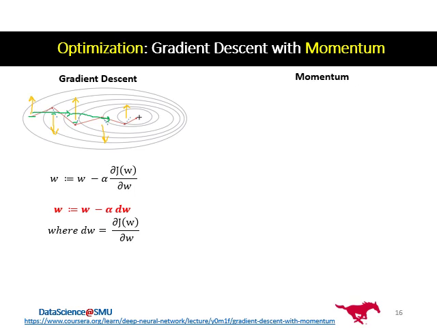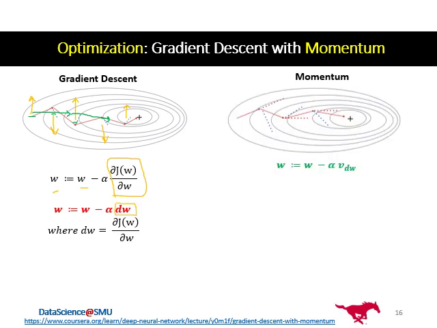So if you look at the equation for gradient descent that we had seen previously for the weight update, the new weight W is equal to the old weight W minus alpha times the gradient of the cost function with respect to the weight. So for simplicity, I'm going to represent this gradient by this term called dW. So in momentum, this equation is slightly modified. We still have the new weight equal to the old weight, but instead of using the gradient, we are going to use this term called velocity, VdW.